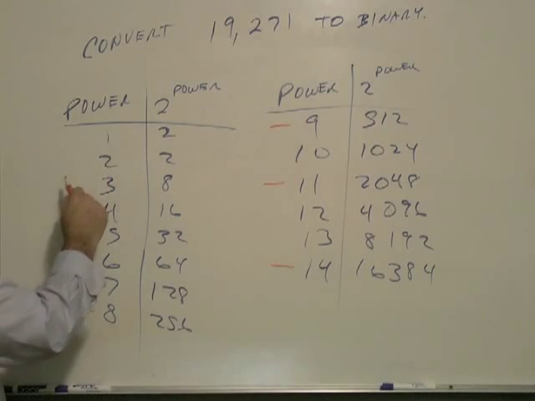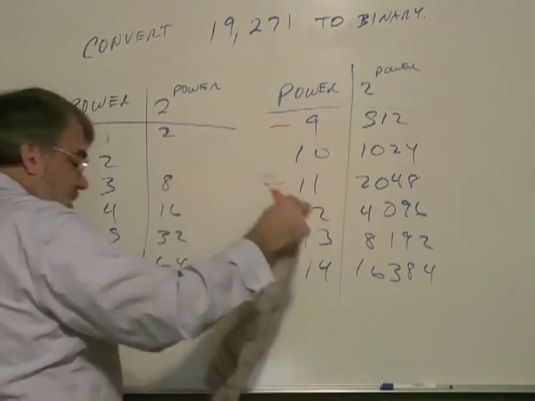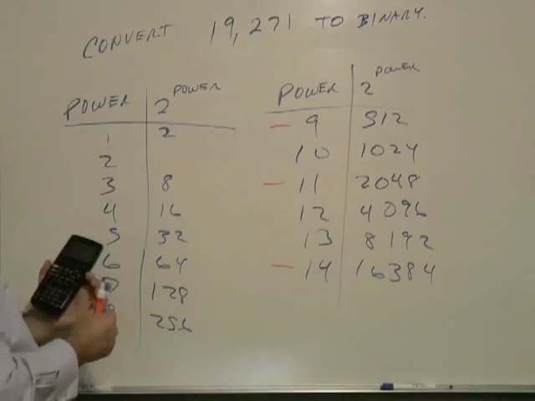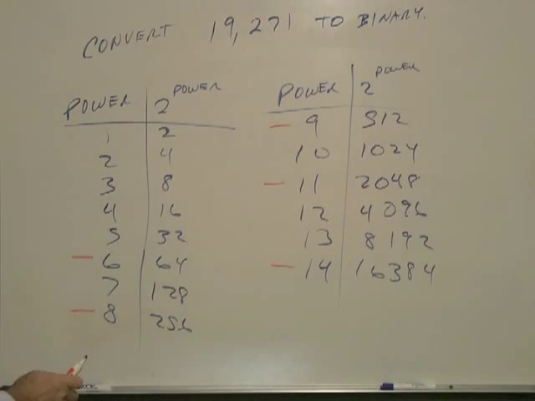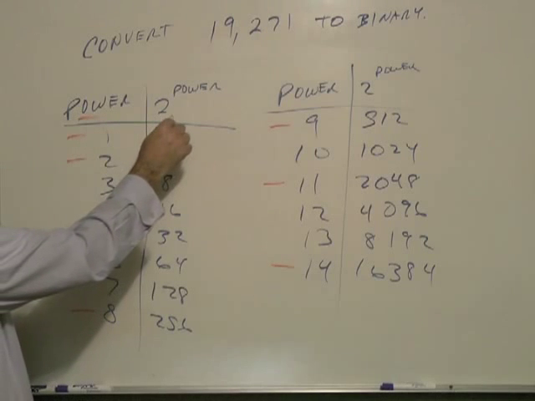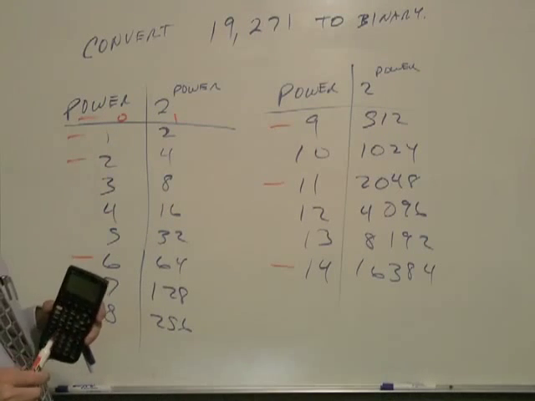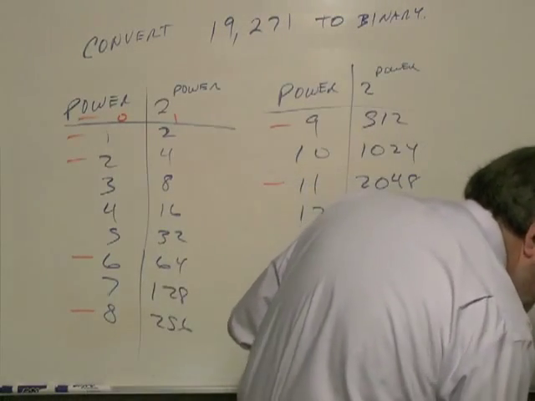I see a mistake. You probably spotted it early. That should have been a 4, shouldn't it? 2 squared is 4. Alright, so from 7 I can subtract 4 and 2, and you know, I should have put 0 in here. 2 to the 0 is 1, so I can also subtract 1.